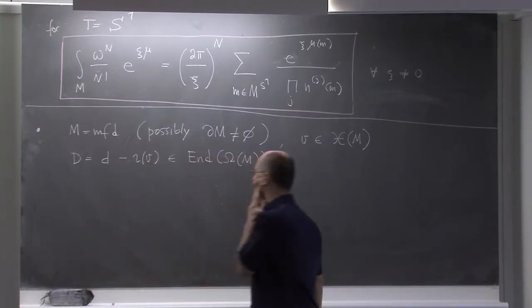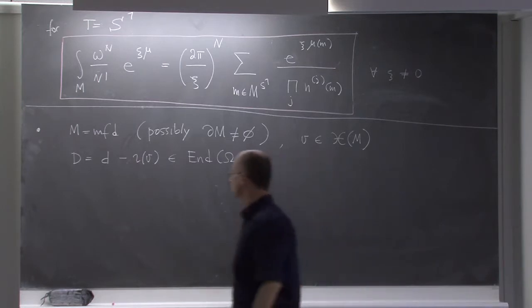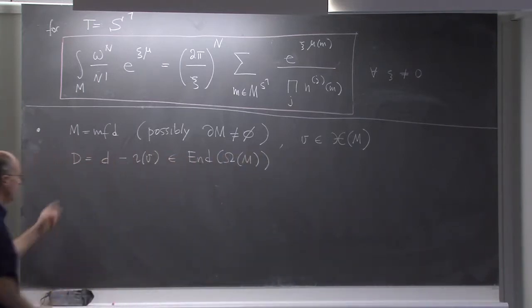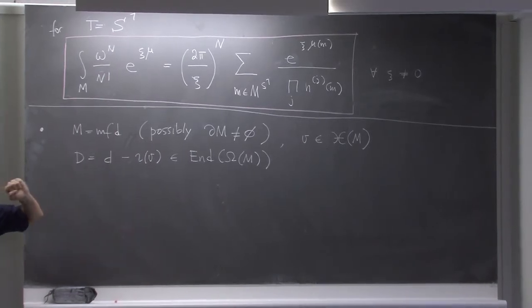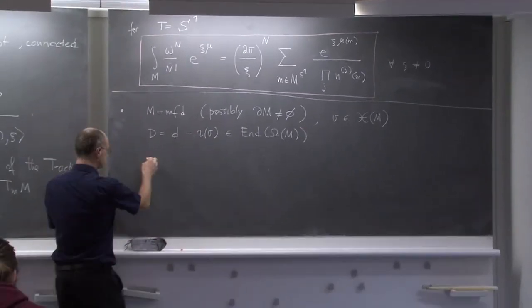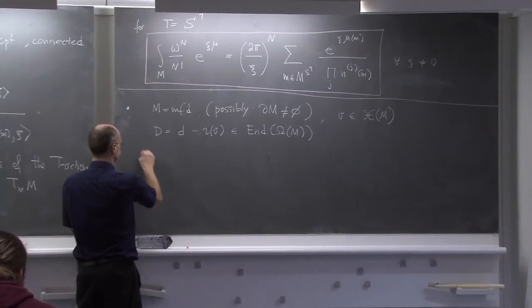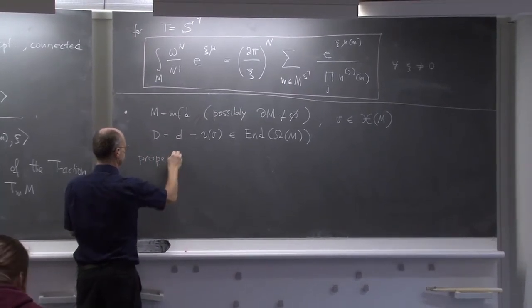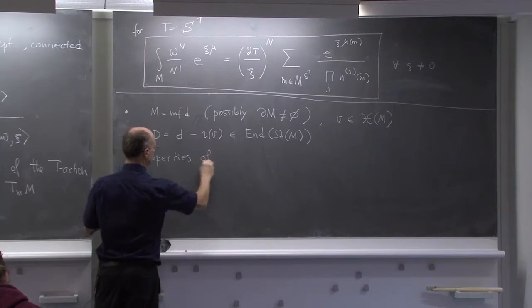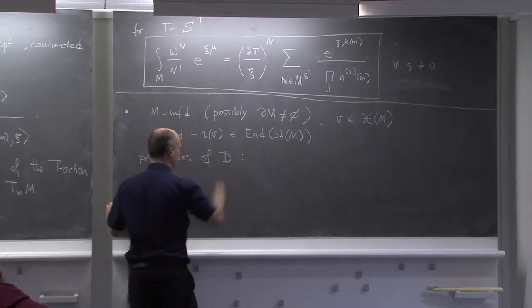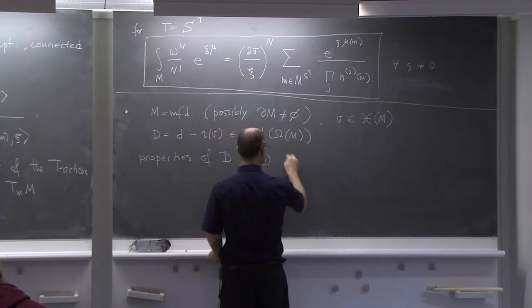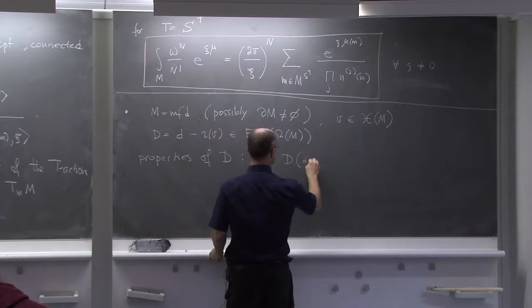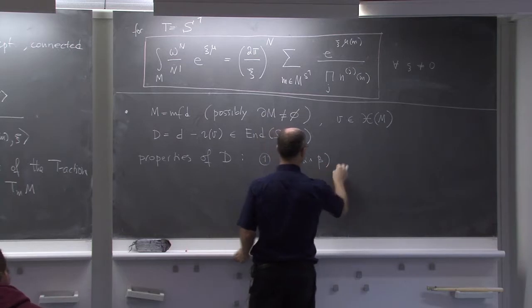So there are several properties of this operator that we'll be interested in. In some sense, I claim it behaves almost as the de Rham differential. So, some properties of D. One property is similar to the de Rham differential.